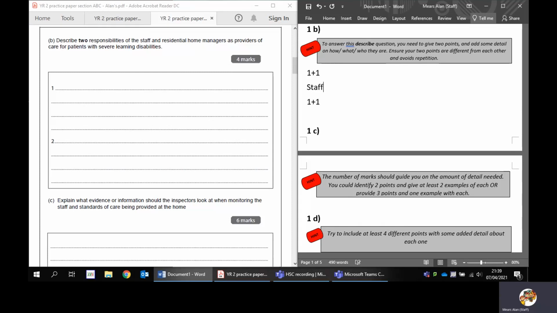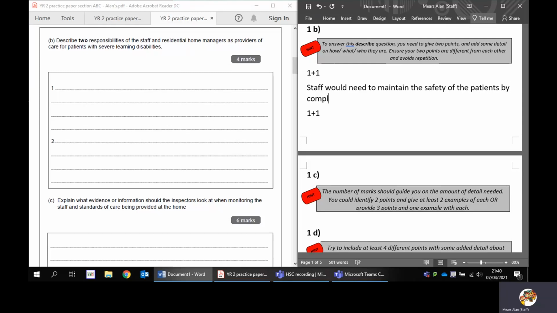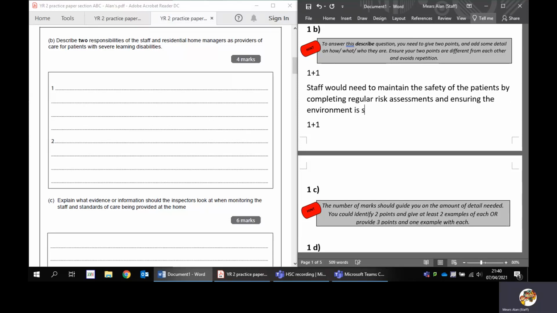So staff would need to maintain the safety of the patients by completing regular risk assessments and ensuring the environment is suitable for their needs.